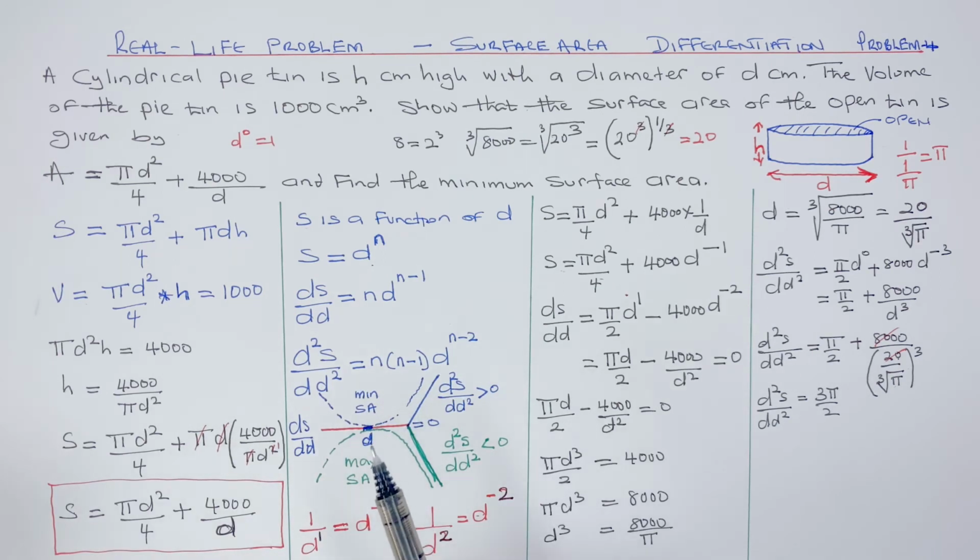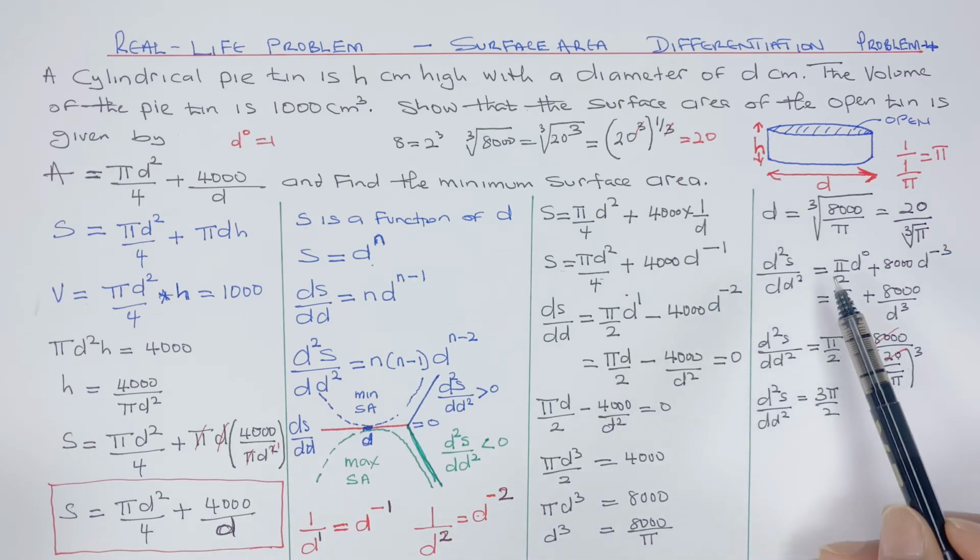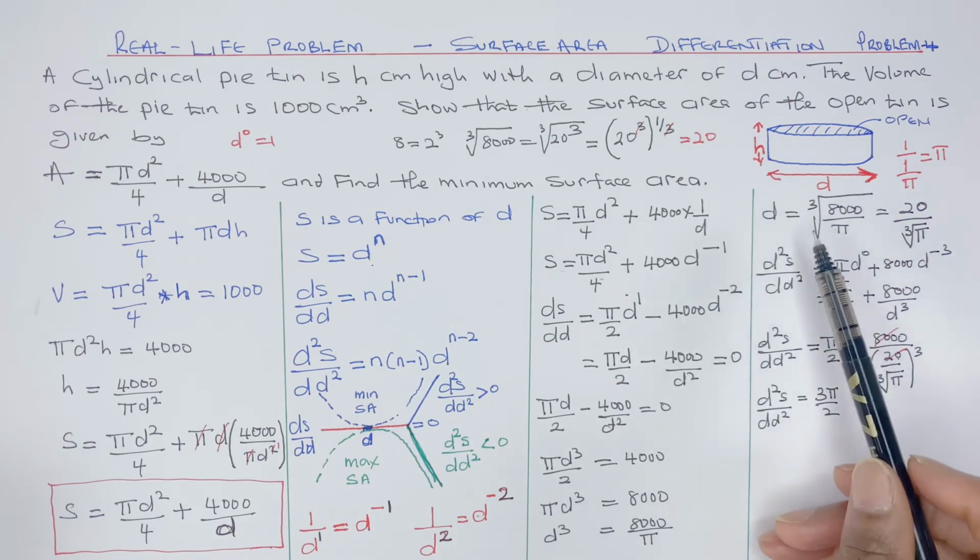Now, to find the minimum surface area, we need to plug in the value of d. We've shown that d is a minimum at that point.